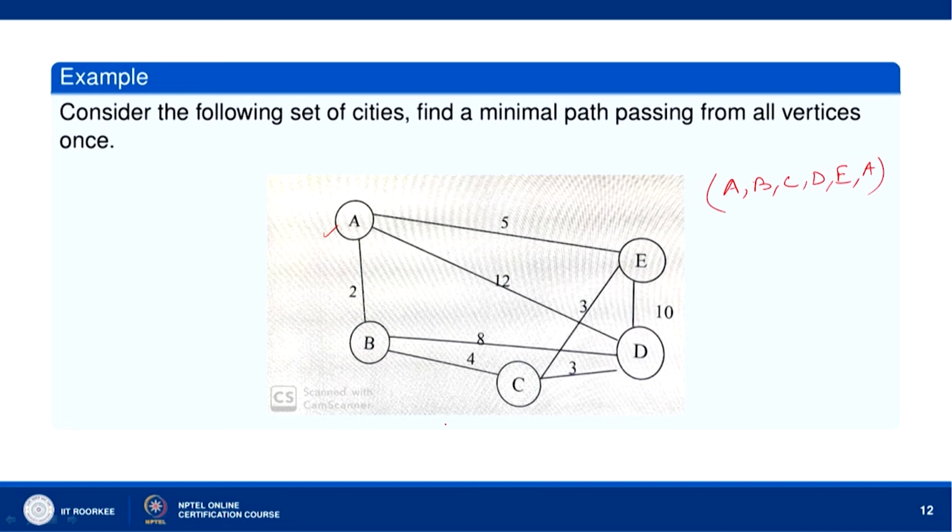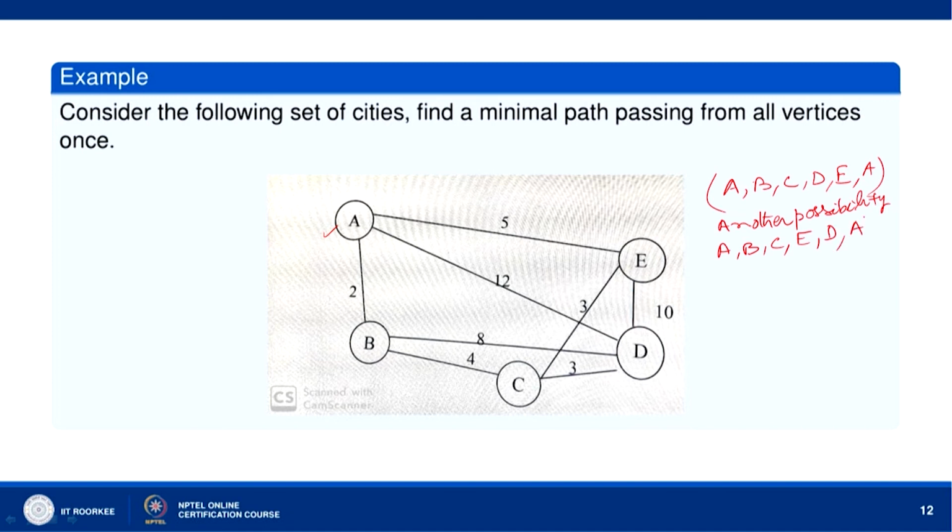We can also consider A, B, C, E, D. Another possibility, another Hamiltonian cycle, is A, B, C, then we go to E, then we go to D and then we go to A.